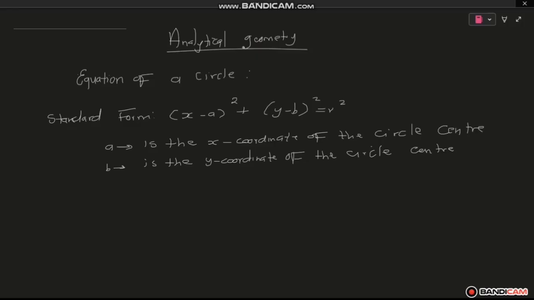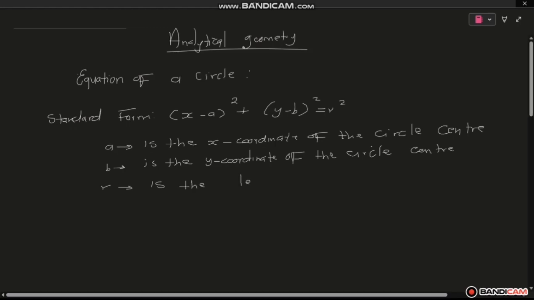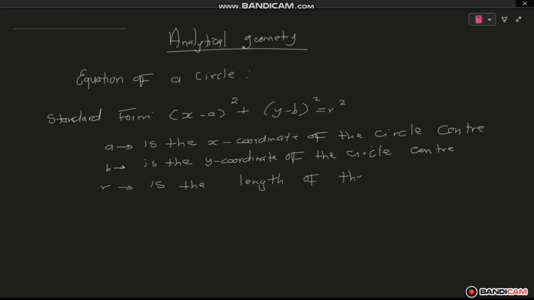Then for the coordinates of the center, you just take a and b in one bracket as a coordinate. Then r is the length of the radius.